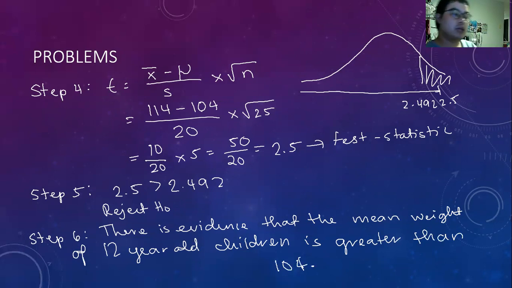So it means to say that the claim is correct. Okay, so it means to say that there is a significant difference between the means.